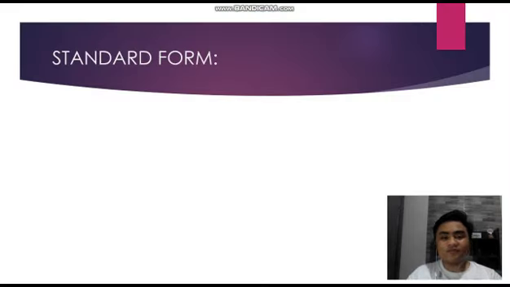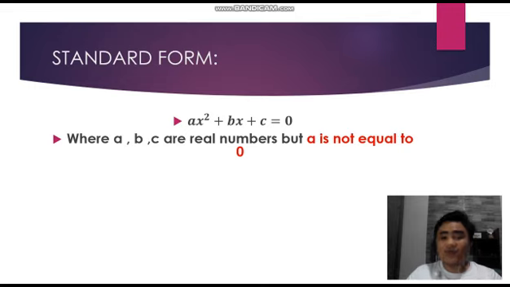Again, the standard form of a quadratic equation is ax squared plus bx plus c equals 0, where a, b, c are real numbers, but a is not equal to 0. What does that mean? a, b, c are real numbers, for example 4, 7, 8, -1, and many other real numbers. x is what we call the variable.